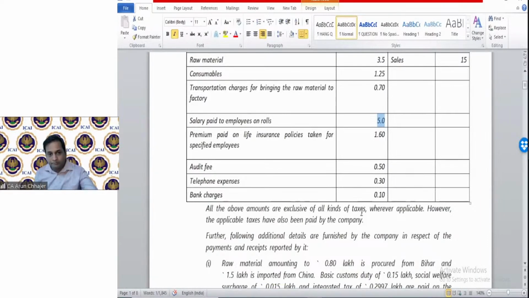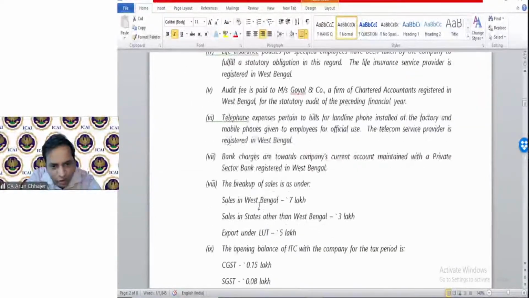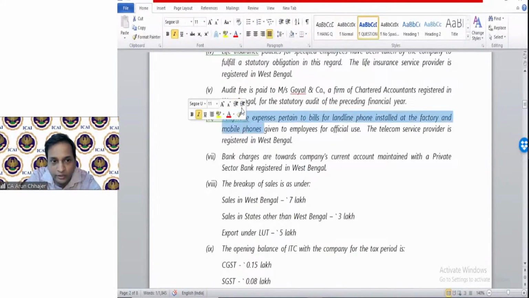Now the premium paid, audit fees, telephone expenditure and bank charges. So premium paid we have covered. Now we are talking about audit fees. Audit fees is paid to Messrs.